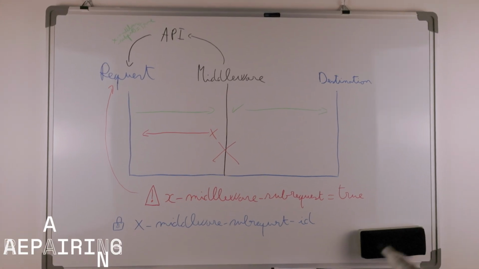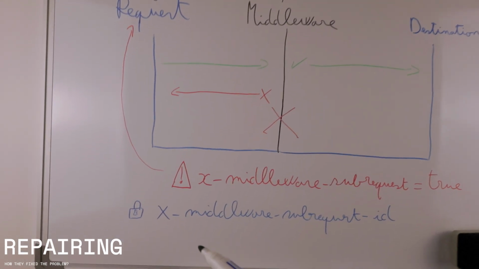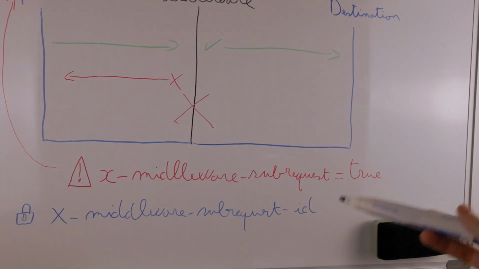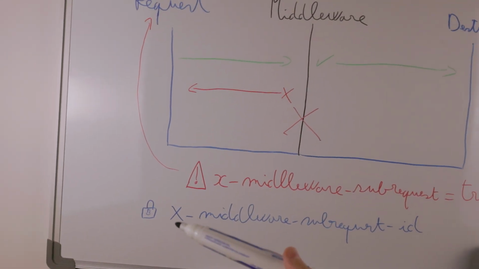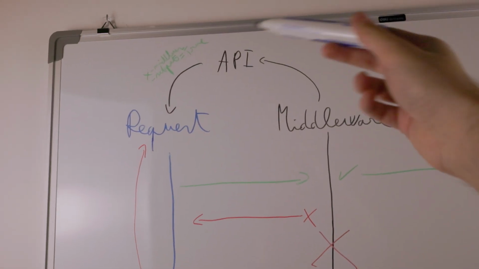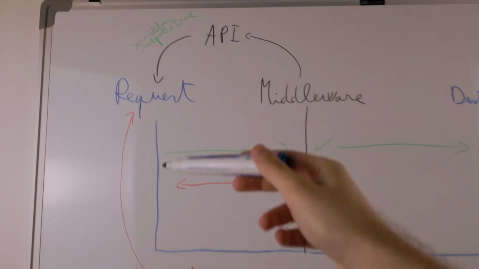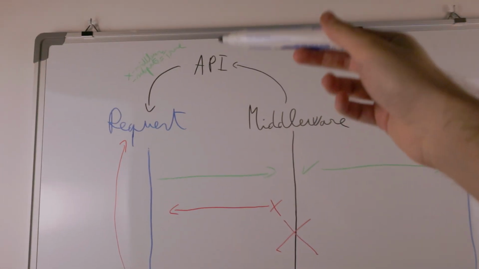So let me explain how they fixed it, briefly. They added this extra thing, which is X middleware subrequest ID. And this ID isn't a boolean. This ID is private, confidential, and it's generated by logic over here. So alongside this true, to be able to bypass this middleware, you need this ID that's generated by your server.